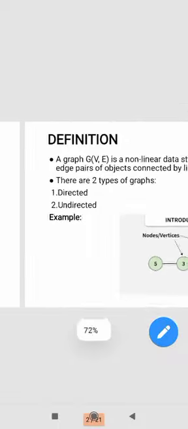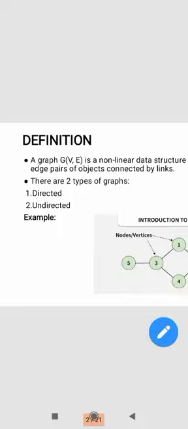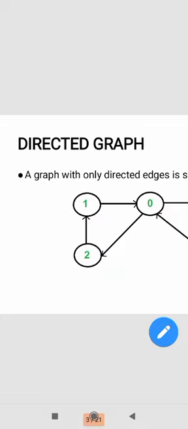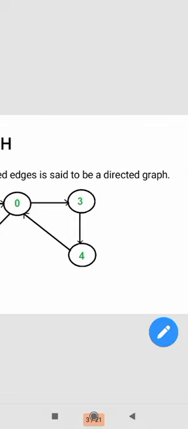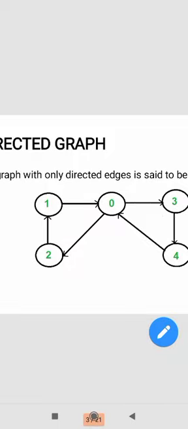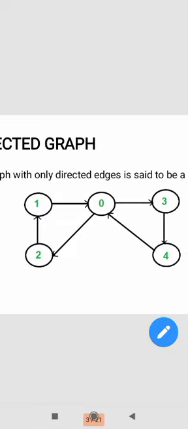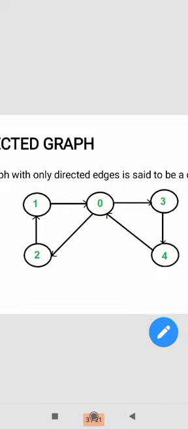There are two types of graphs: one is the directed graph, the other is the undirected graph. A directed graph is a graph with only directed edges. Here, where an arrow is there, that is called a directed graph. As I told you before, the circles are called nodes or vertices and the lines connecting them are called edges. Here the vertices are 0, 1, 2, 3, 4.